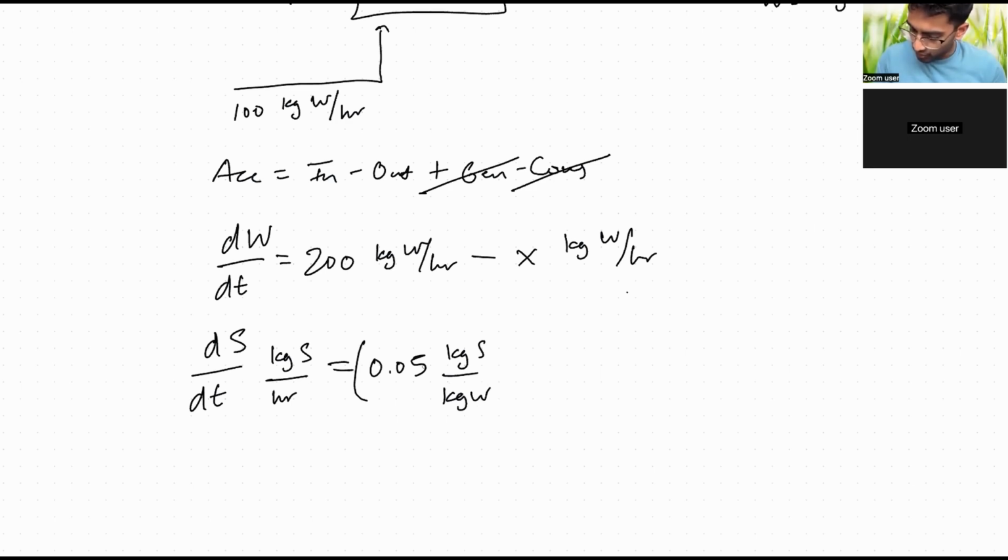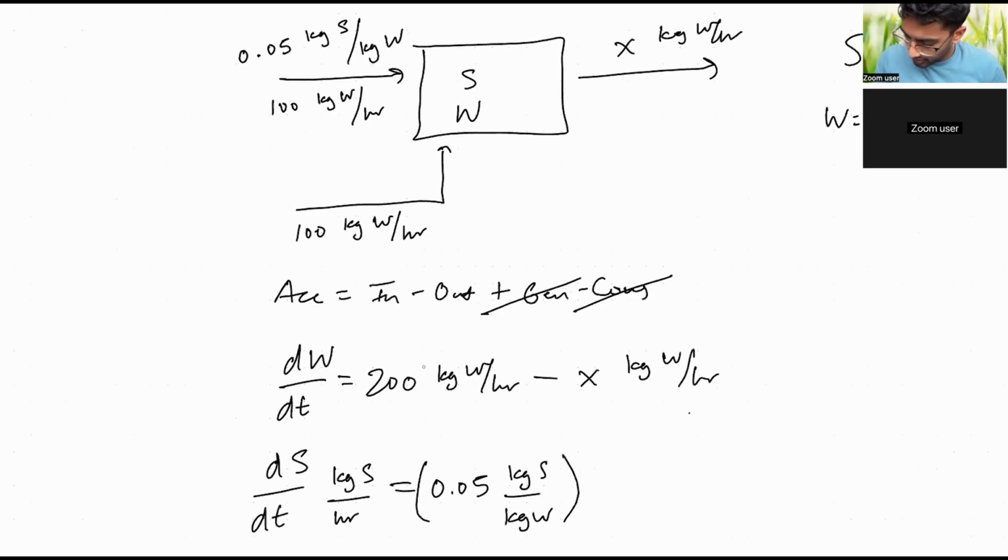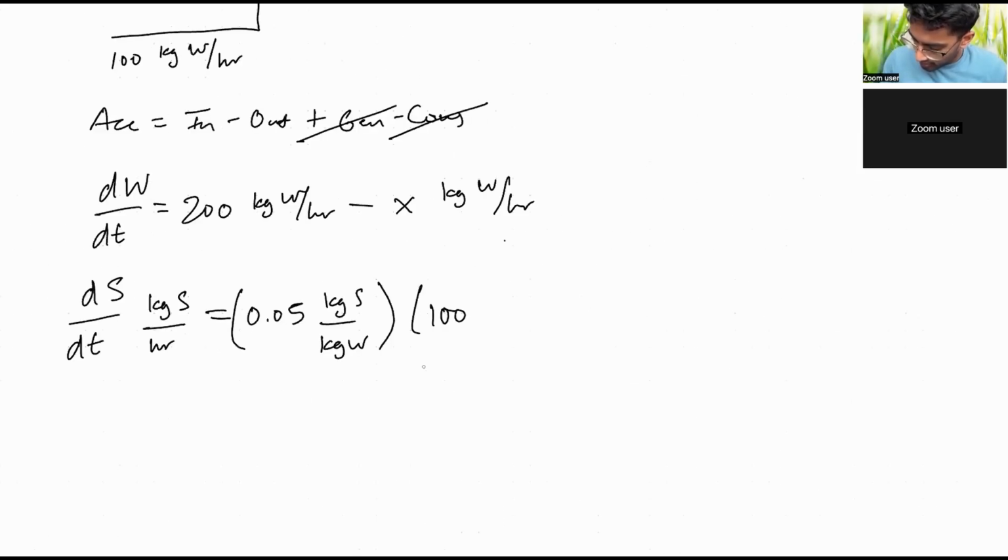And then we also have a flow rate here, so this is 100 kg of water per hour. So when you do the units, they cancel here, and you are just left with the correct units, kilograms salt per hour.